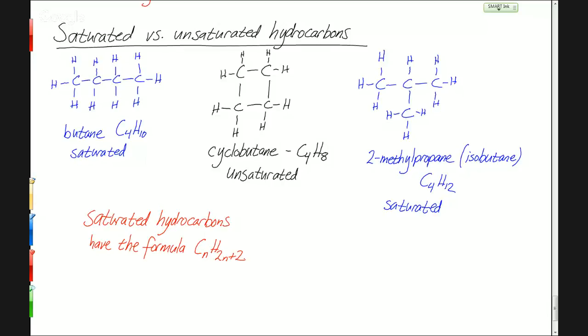And that's saturated. That's the most that can possibly be there. The other way to make unsaturated hydrocarbons is through multiple bonds. That's what we're going to get into next.